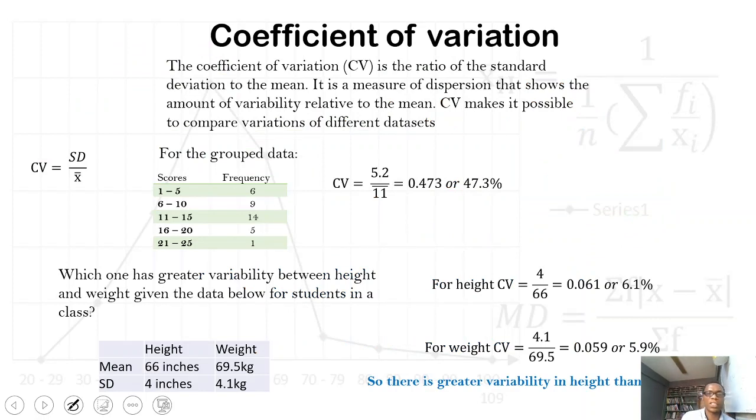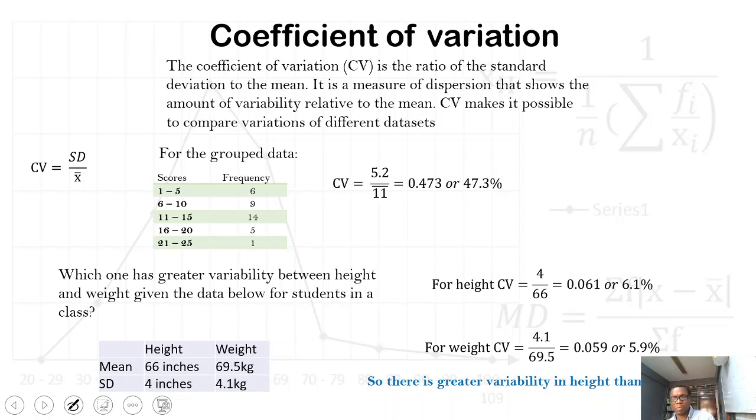So we will also need to be familiar with the coefficient of variation. The coefficient of variation is the ratio of the standard deviation to the mean. So we actually use the coefficient of variation to compare variability, or to compare variation in different data sets.